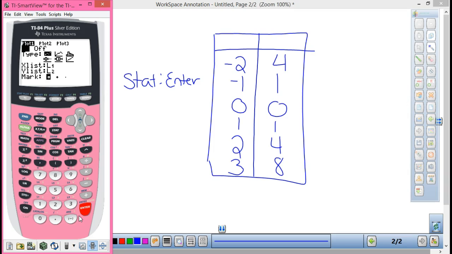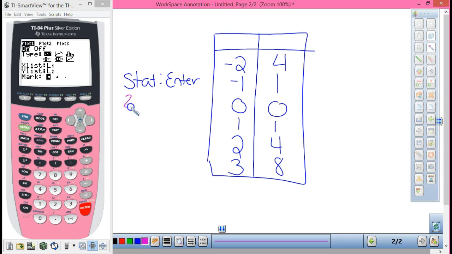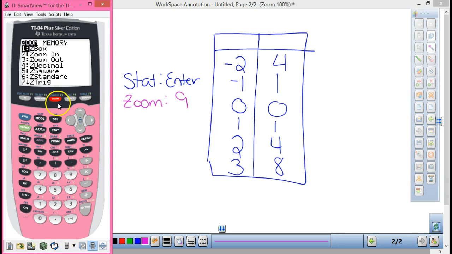Anybody remember what we hit in order to see our graph? Zoom 9, yep. Okay, so now we can go straight to zoom 9 rather than hit graph. So just go zoom 9. And then I got our guy, right?